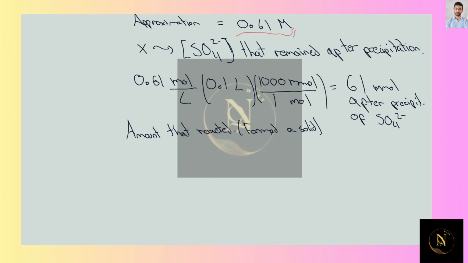If we take it formally, it would be 10 millimole times 0.999 to take into account the 99.9% of precipitation that we had, right? So this would be 9.99 millimole that reacted.